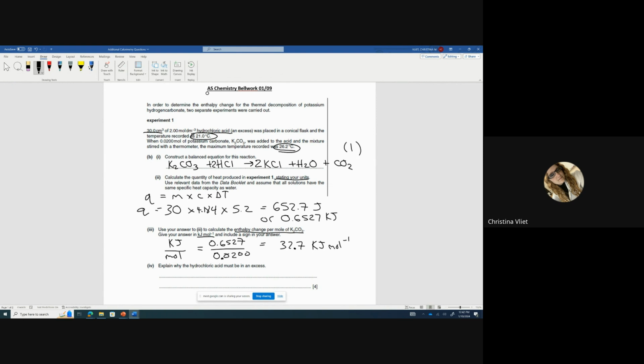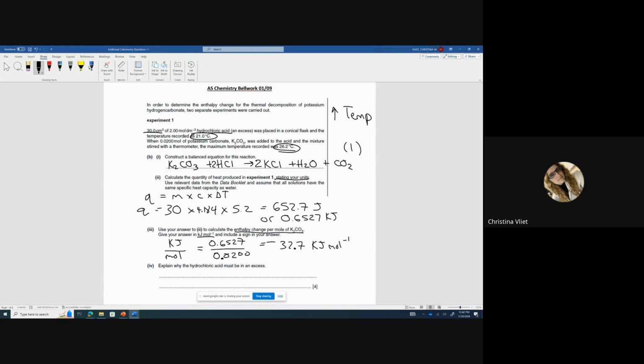So if the thermometer temperature goes up, and that's going to happen in today's lab as well, that means the enthalpy sign is negative because it's exothermic. It's an exothermic reaction. It releases heat to the surroundings. We feel that, and the temperature goes up. Okay? Yes? So negative. And in the lab today, you're going to be asked for enthalpy, and you have to include a sign in your answer.